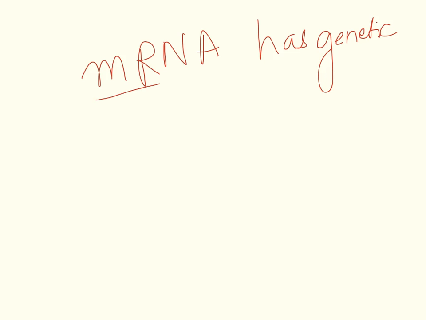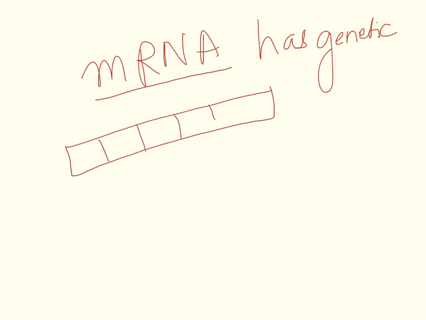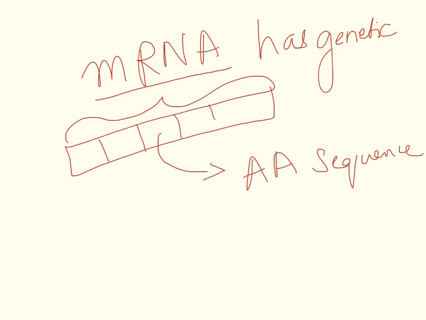But then mRNA is a combination of nucleotides, one nucleotide and then the other one and then the other one. So this needs to be converted to an amino acid sequence, right? This genetic information is available in mRNA as a sequence of nucleotides.